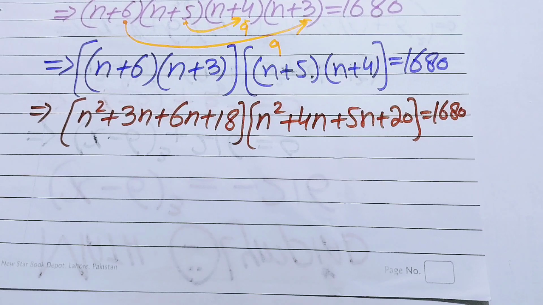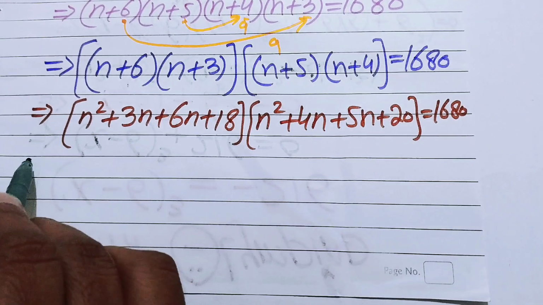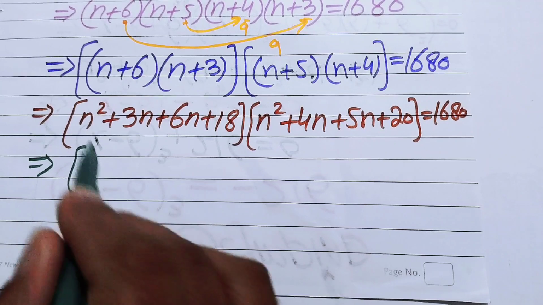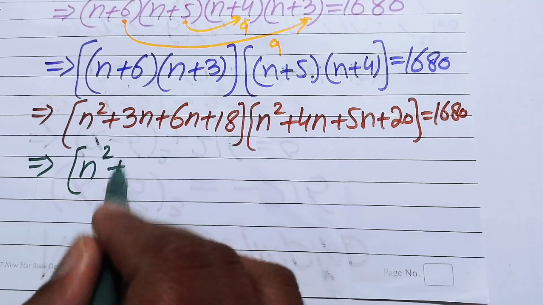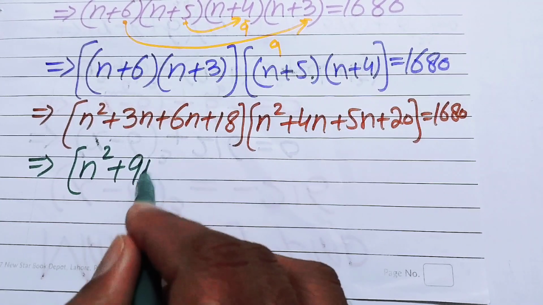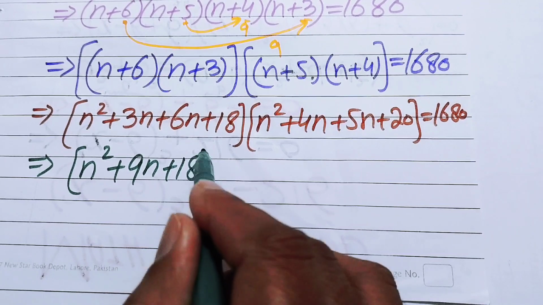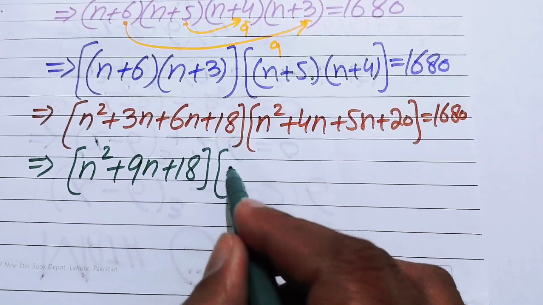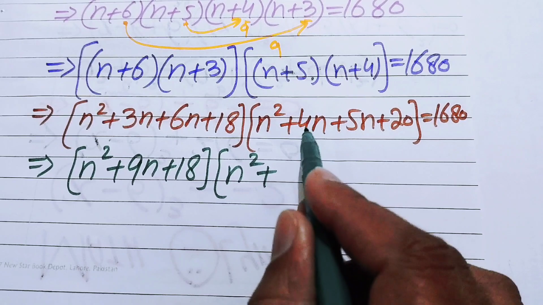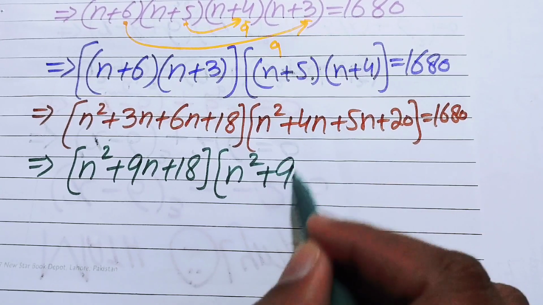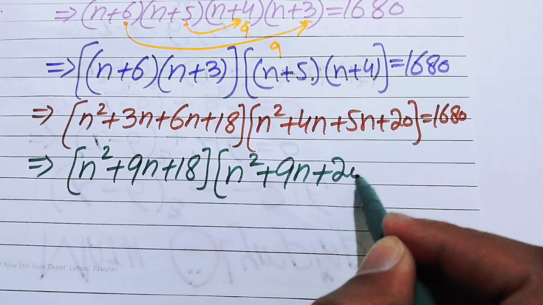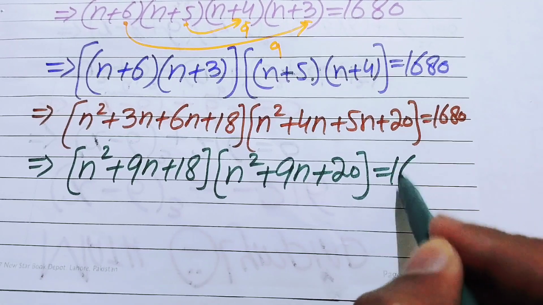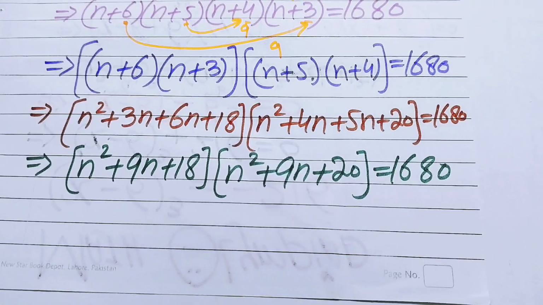In the next step we need to simplify the terms, and you see that we have like terms in both of the factors. So you get n squared plus 9n plus 18, and in this factor you have n squared plus 9n plus 20, and this whole equals 1680.